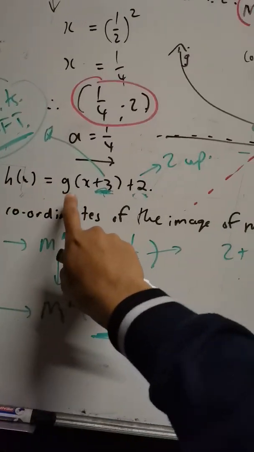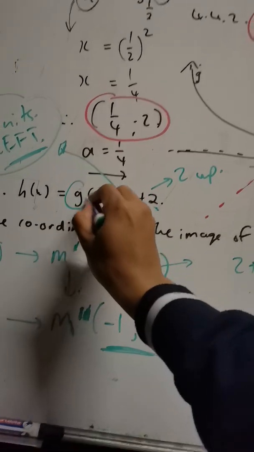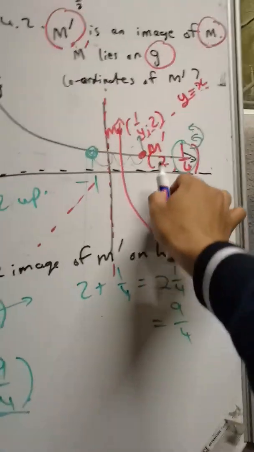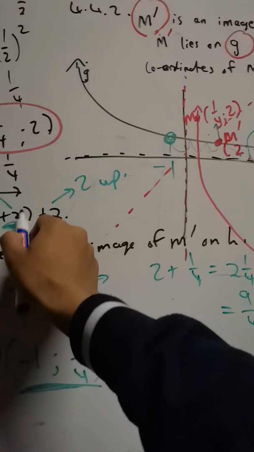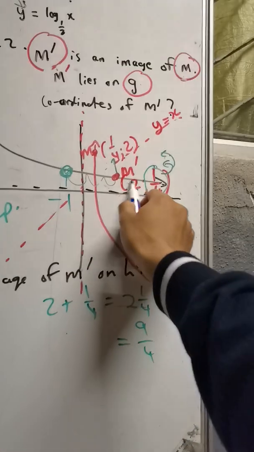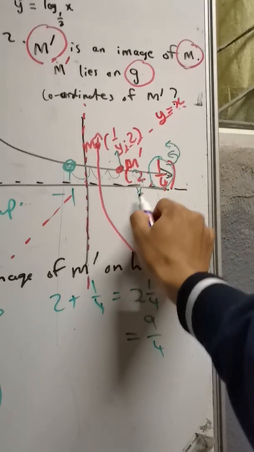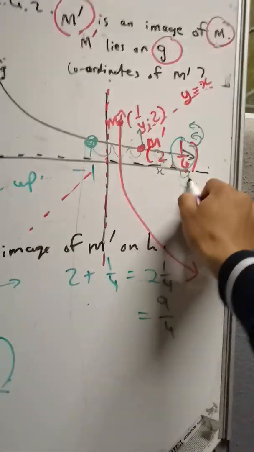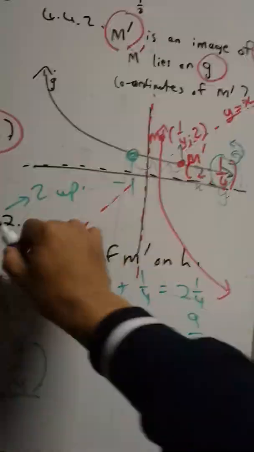So we have h of x, g is the original graph. We have to take m dash, because m dash lies on the original graph of g. So that is 2. If you add 3 to the x, we're going 3 to the left, so the x value is 2 minus 3, which is negative 1. And the y value, we're going up, we're adding 2.